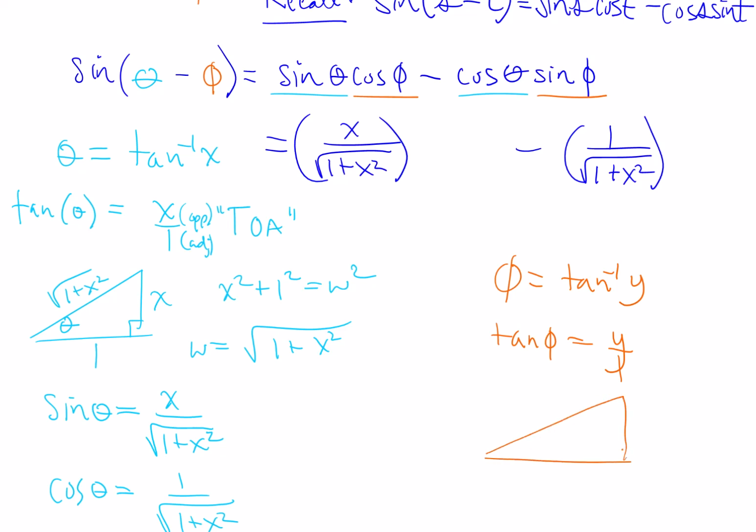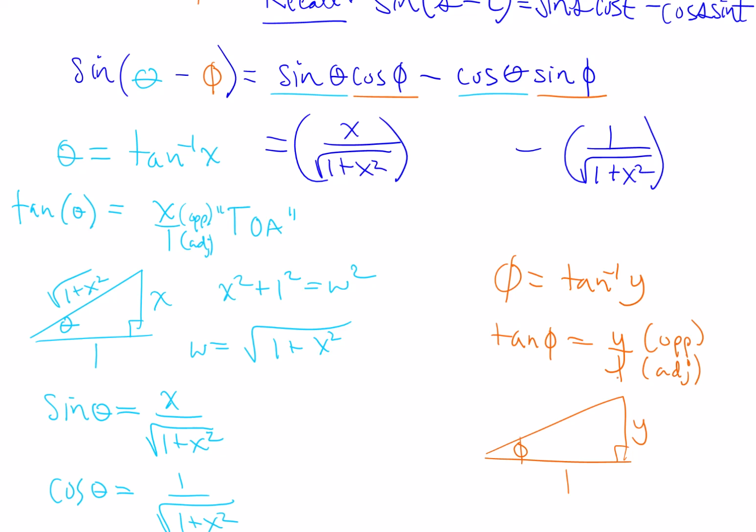So we'll do that. We'll draw a right triangle. We'll put our angle phi in one of the acute angle corners. And since tangent is opposite over adjacent, again coming from SOHCAHTOA, then we know the opposite of phi, across from it, would be the letter y this time, and the adjacent, right next to it, will be the number 1, the other leg of the triangle there.